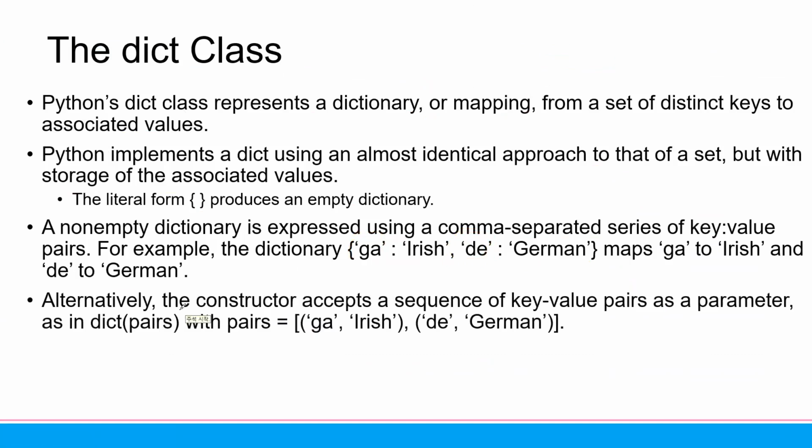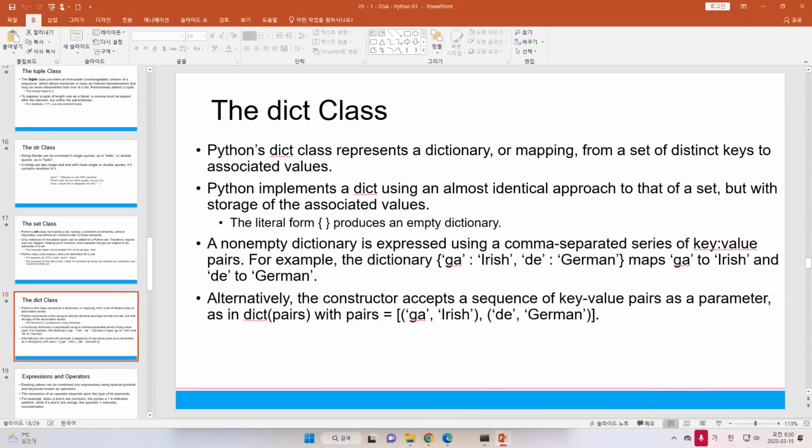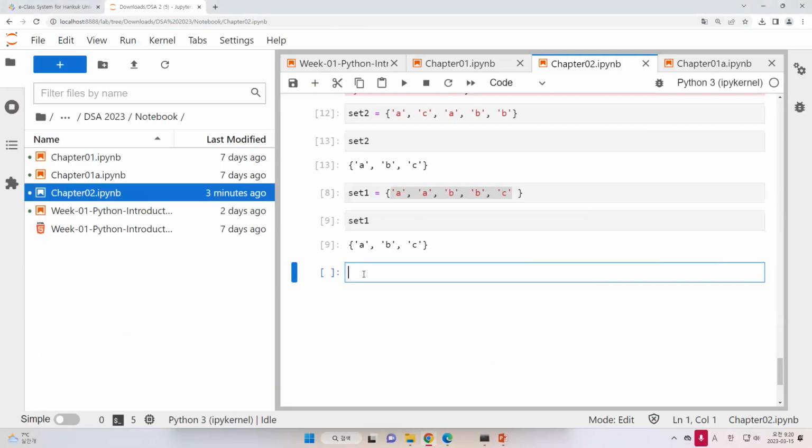Alternatively, the constructor accepts a sequence of key value pairs as a parameter, and we can just call the class dict, and the parameter is in the form of a list. So for example, I have dictionary 1.